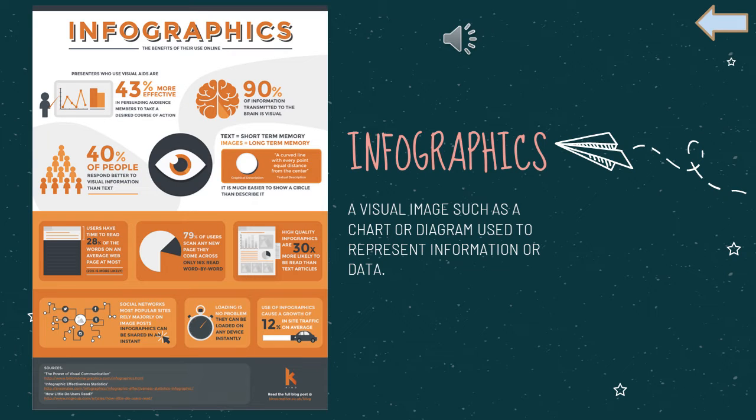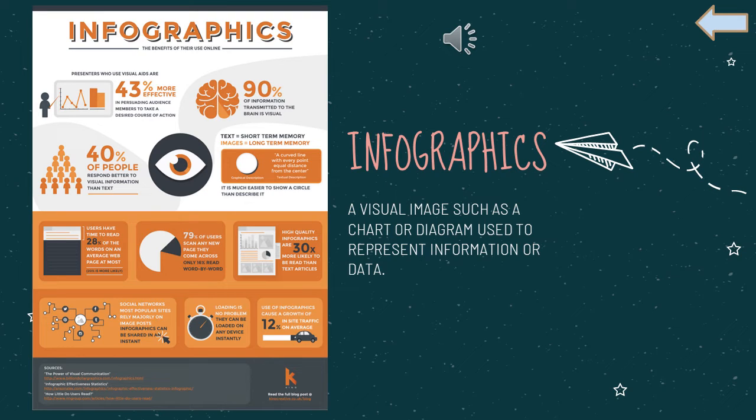The third sort of visual media is infographics. Infographic is defined as a visual image such as a chart or diagram used to represent information or data. In this infographic, there is so much information.